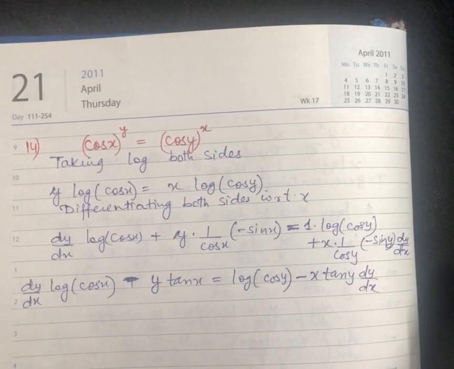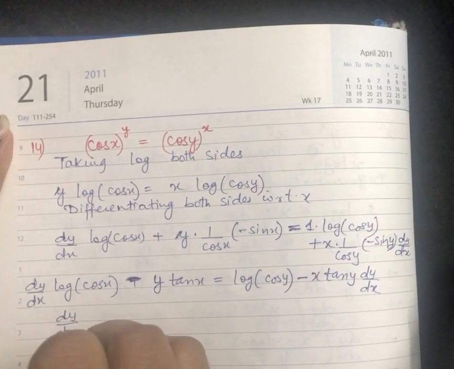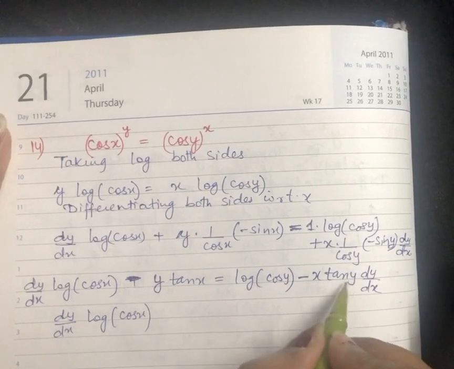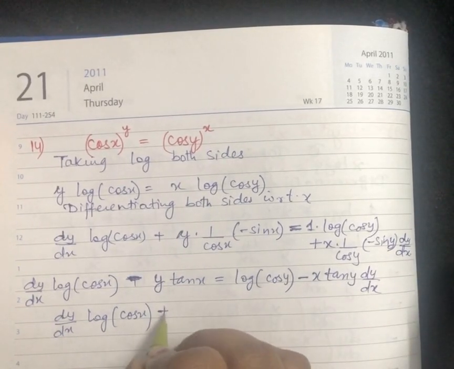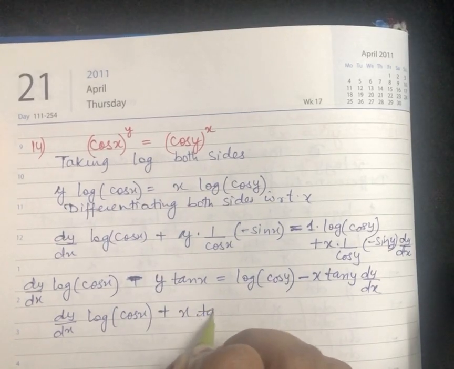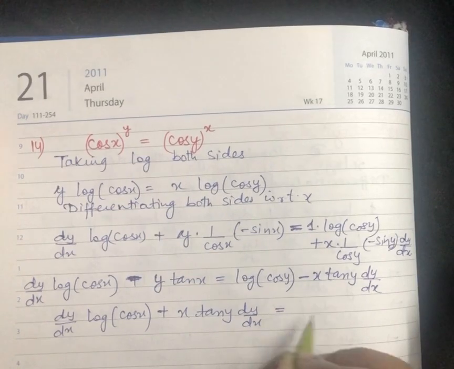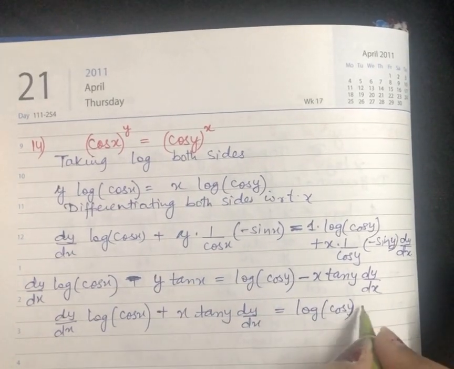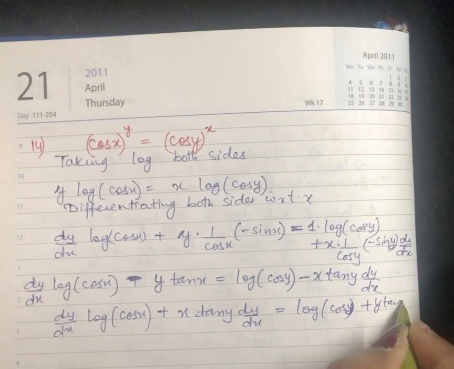Now again taking terms involving dy by dx to one side, so dy by dx log cos x, this term minus x tan y dy by dx comes to left hand side, so it becomes plus x tan y dy by dx equal to log of cos y, and this minus y tan x will be plus y tan x.